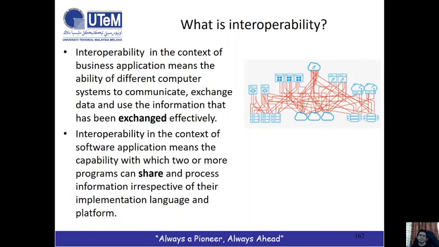You don't know. Yeah. But in terms of the business requirement, all the business stakeholders, Lazada, Shopee, or personal sellers, and also the banks, what they are concerned with at the end of the day is that the business transaction can be made easily, and they get the benefit. Okay, so this is what interoperability means in a business application.